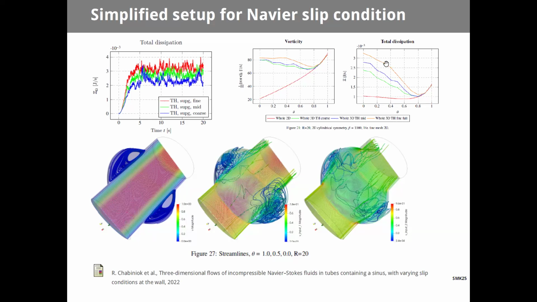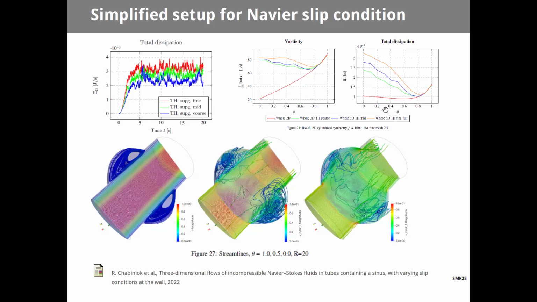And what's interesting, if you compute the dissipation inside the flows, one would expect the no slip boundary condition makes the largest dissipation, but in such a geometry you can end up with a picture like this.